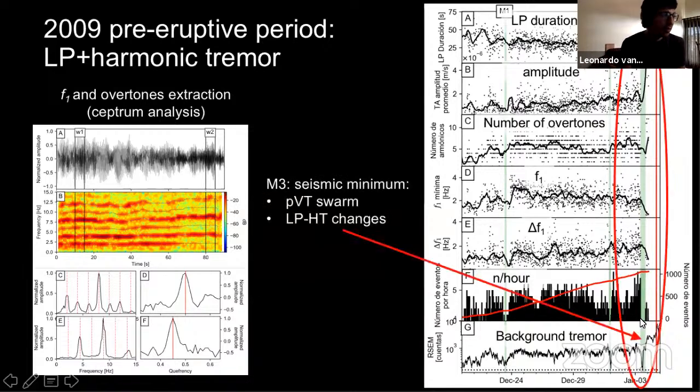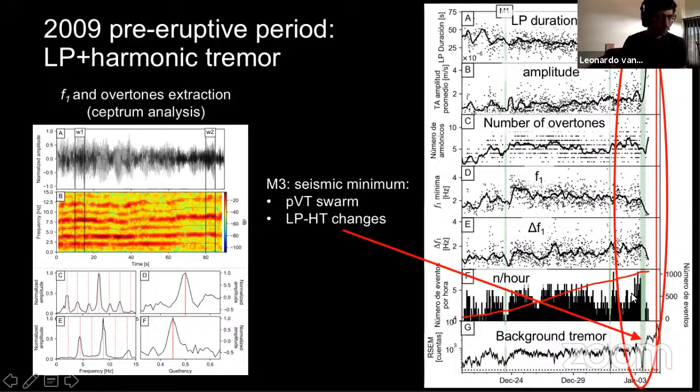And what we see in that moment is a proximal VT, volcano-tectonic, swarm of earthquakes, and also very important changes in the harmonic tremor and LP signals.